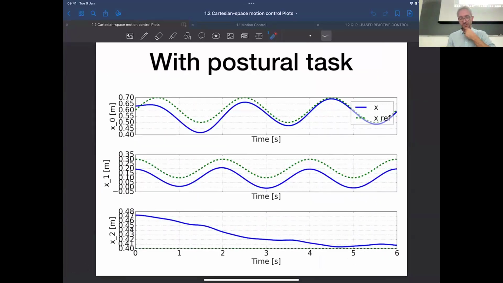With postural tasks, we can see immediately the behavior is much, much better. Notice that we are starting with a tracking error. So I'm not starting on the trajectory that I want to track. So it's reasonable that it takes a little while to converge to that trajectory. But I would say that in this case, it's taking way too long, because after 6 seconds, I still haven't converged to the reference.